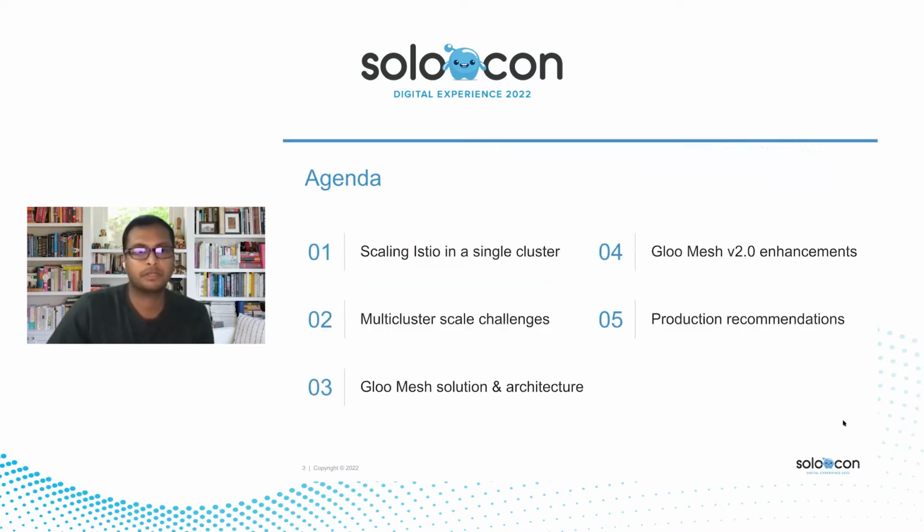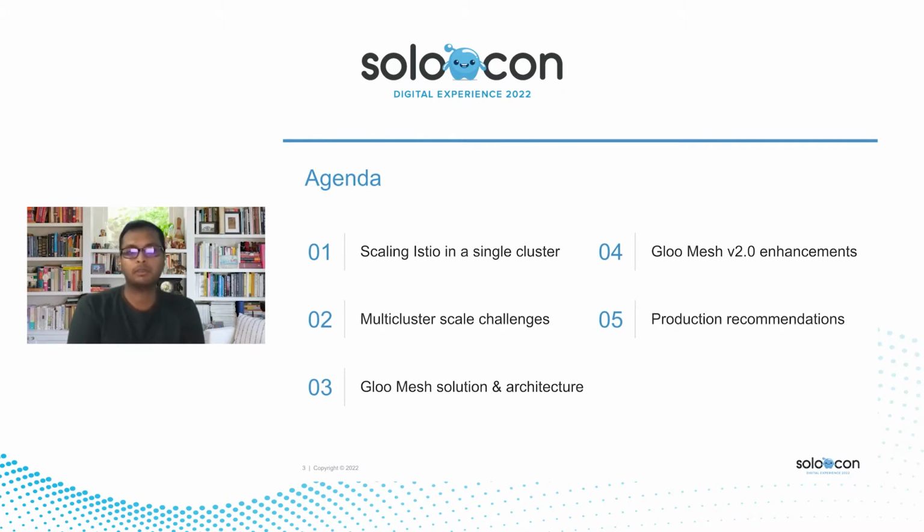So let's go over today's agenda. First, I'm going to talk about what scaling means for Istio service mesh in a single cluster environment. Then talk about multi-cluster scale challenges, but focus on the requirements that most of our customers have for multi-cluster mesh, what architecture and what solutions Istio provides, and then some of the challenges you might face with it.